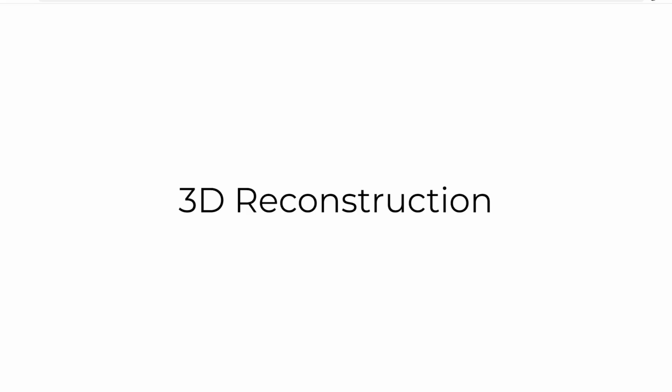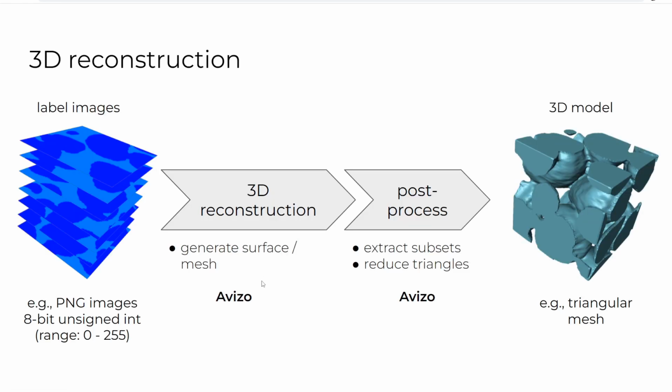Let's now talk about the 3D reconstruction step in our workflow. You probably noticed that we've actually been already doing 3D reconstruction in our previous step-by-step tutorials, where we converted our label images into a 3D model using the Generate Surface module in Avizo.